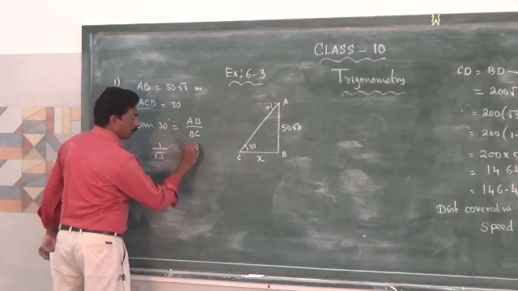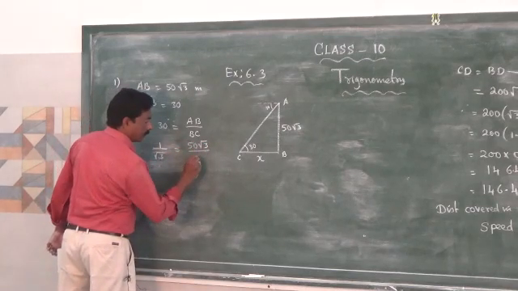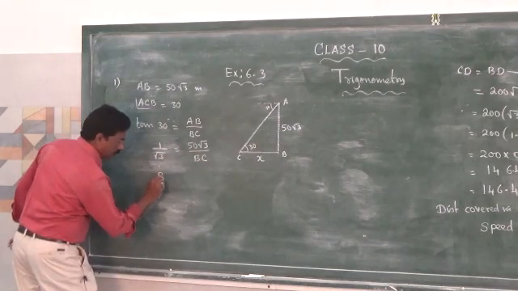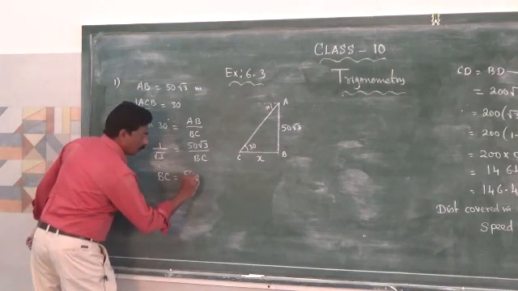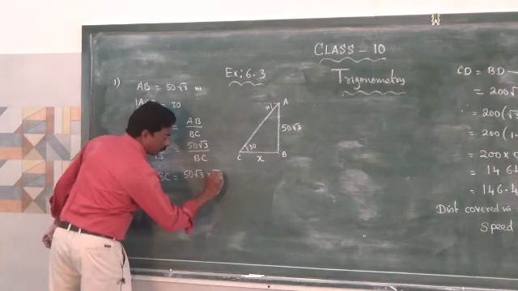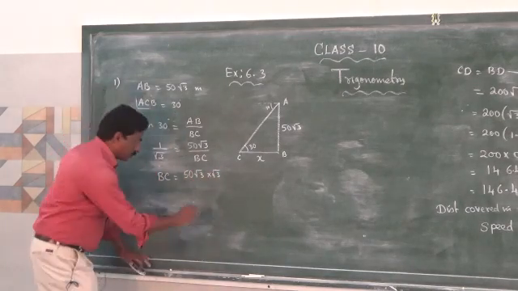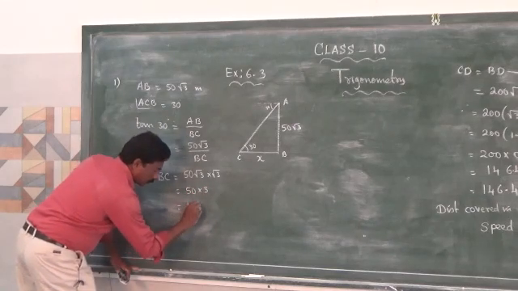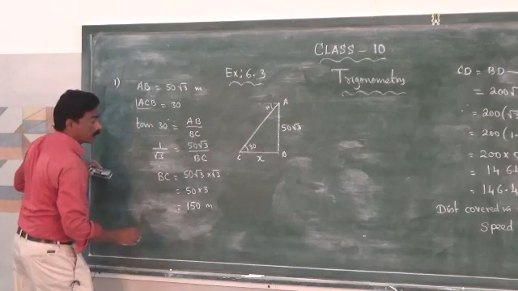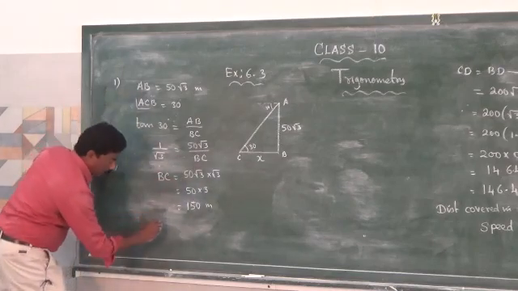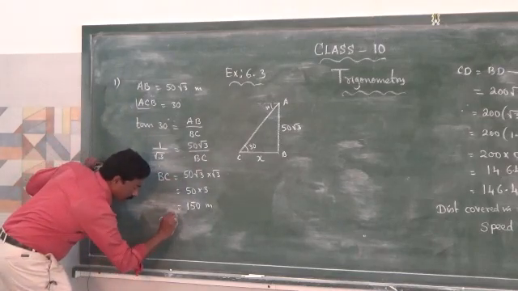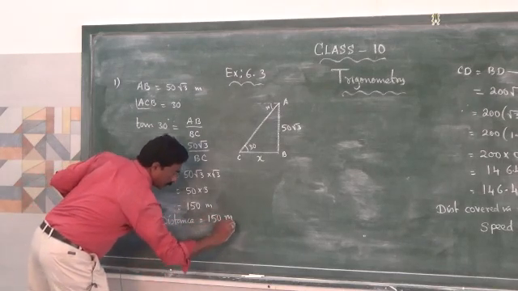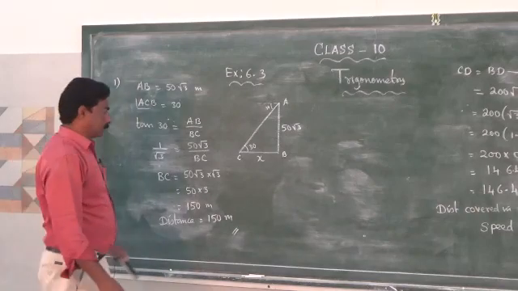Opposite is 50 root 3 by BC. So when you cross multiply, BC is equal to 50 root 3 into root 3. Root 3 into root 3 is 3. So 50 into 3, you will get 150. So what is the distance of the car from the foot of the tower? The distance is 150 meter.